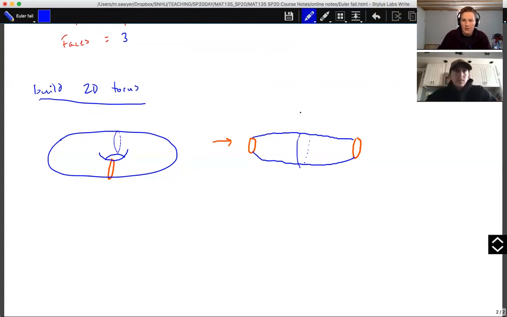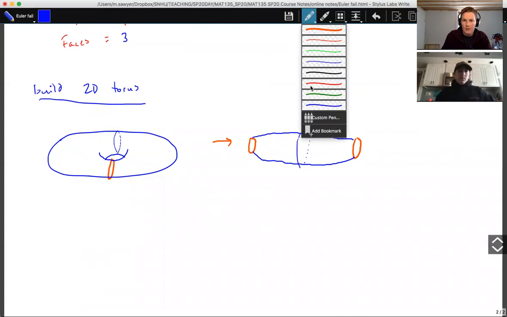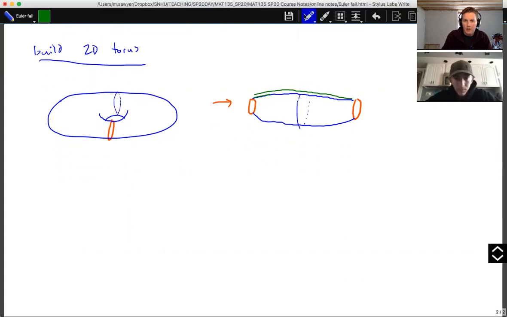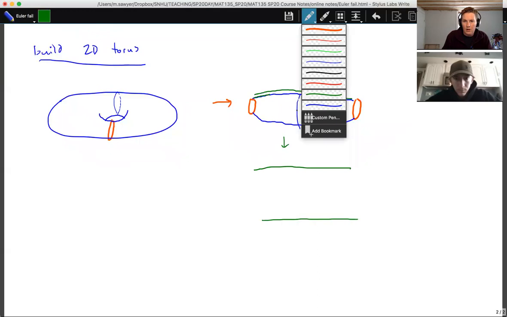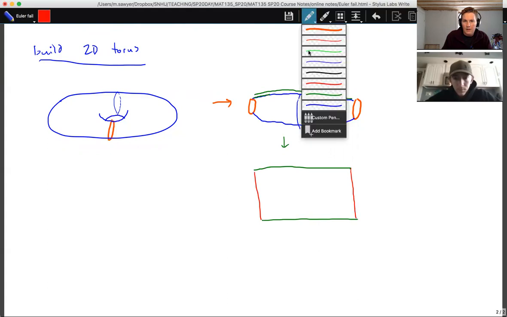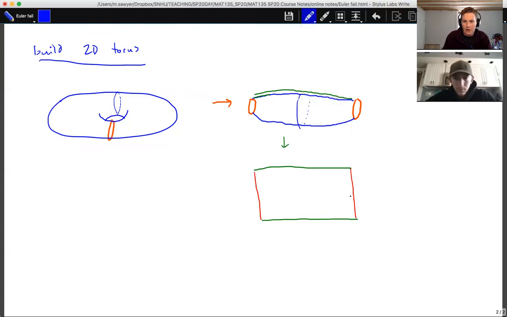And so now we take our snip and we take our scissors and we cut along the top edge. So along the top edge, and along our bottom edge, we unwrap, so the sides have unwrapped. And then the inside is our torus. Oftentimes we keep our orientation the same, right?